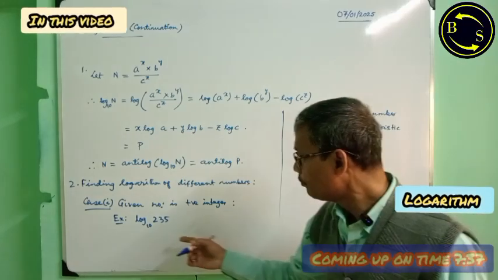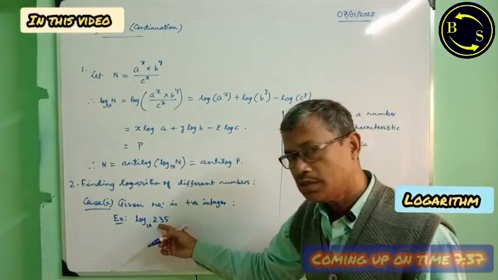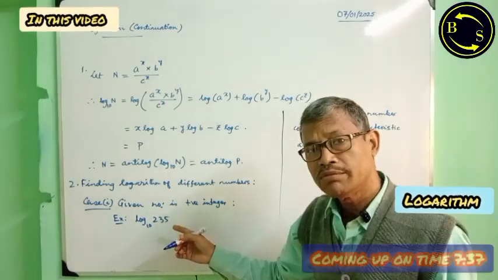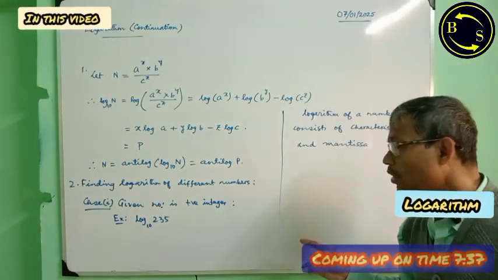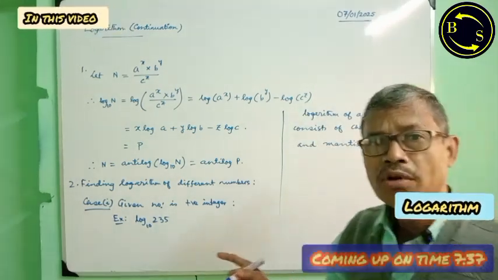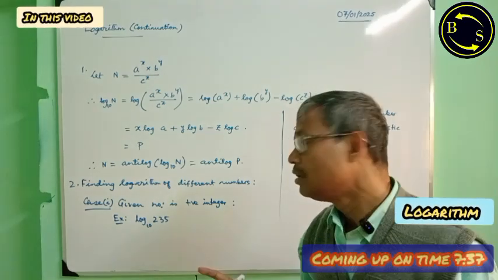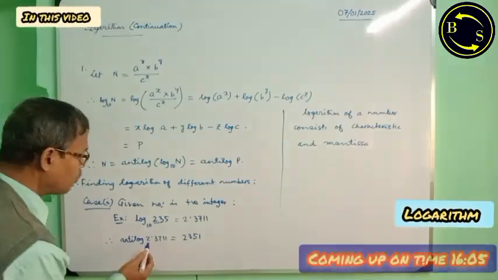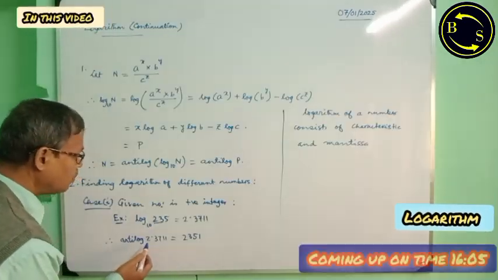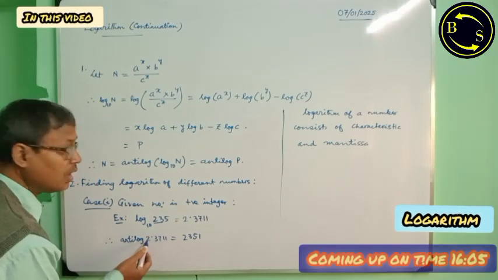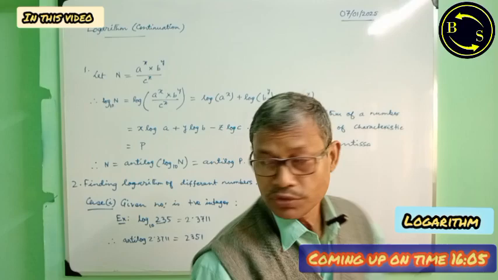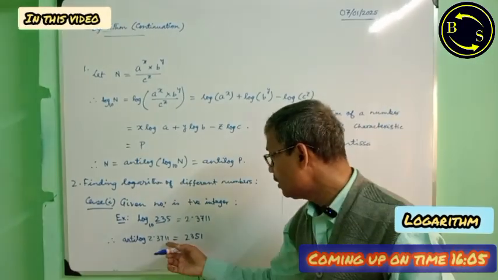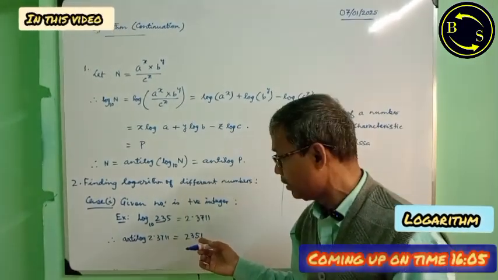In case of positive integer, there is no decimal place, then characteristic will be 1 less than the number of digits of that positive integer. For finding the antilog of this number, 2 is used, or 2 determines the position of the decimal point.